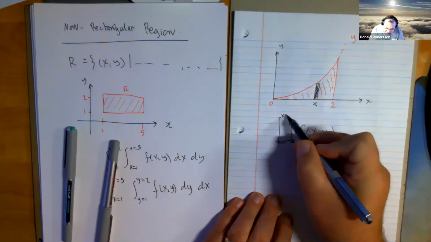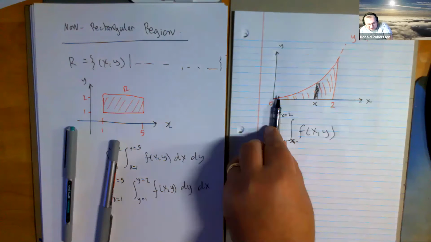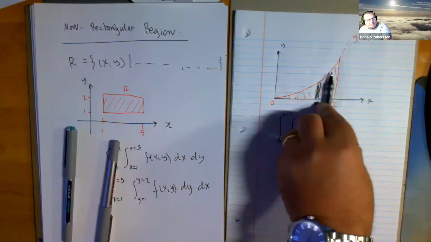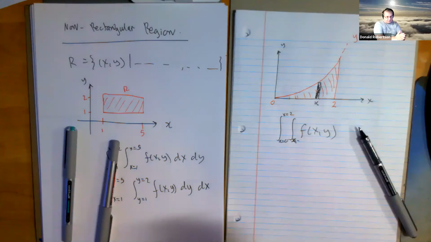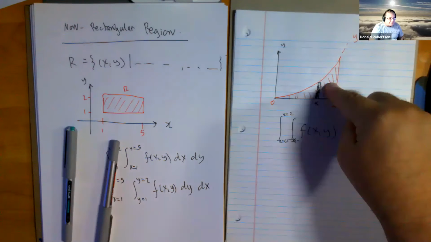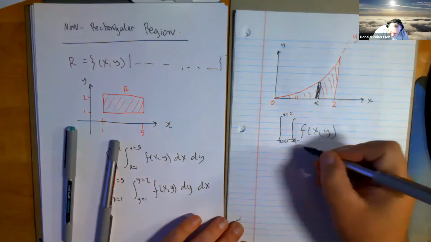And wouldn't X finish at 2? So can you imagine the little rectangle starting here and then going to the end? Wouldn't all those rectangles from X equals 0 to X equals 2, if you put them all together, represent that shaded region?